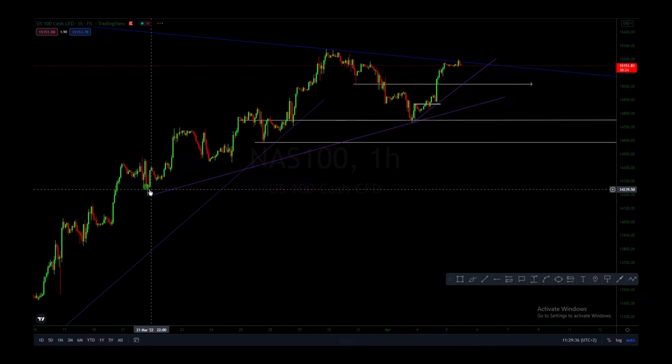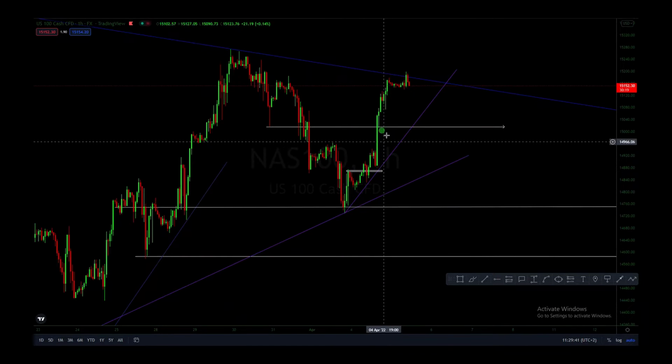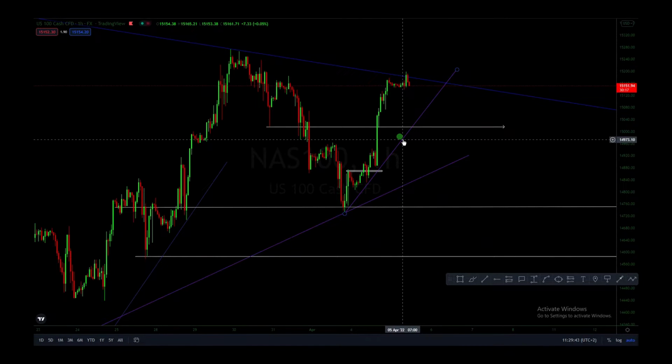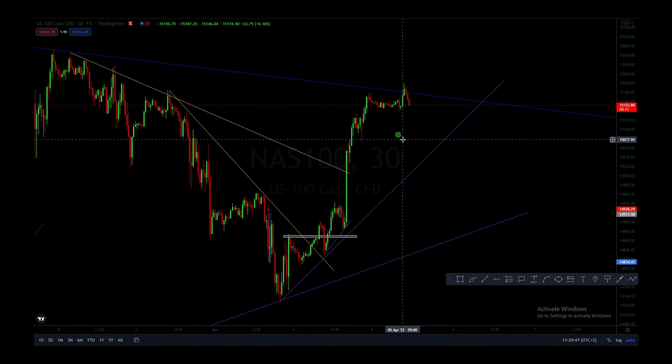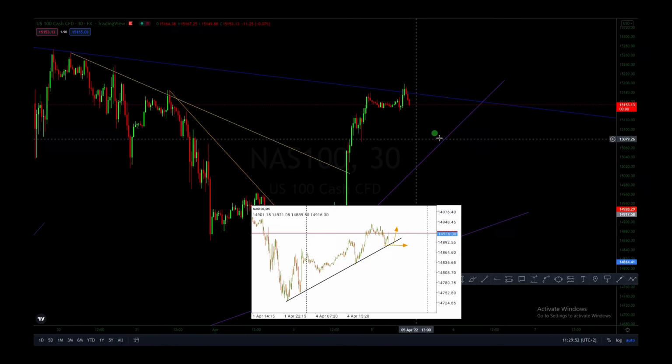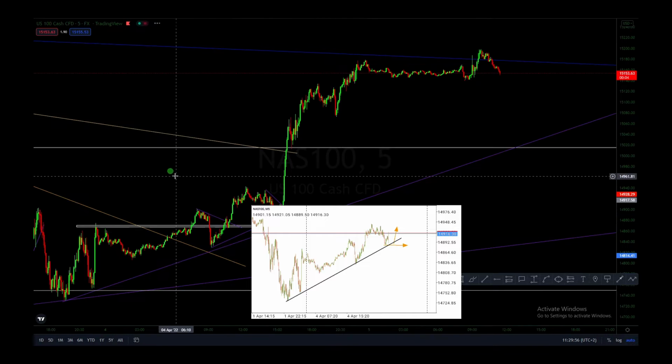So into the 1 hour, I had this trend line, remember, on the H4 going that way. So I created an inner trend line right here. This inner trend line was just there to help me take trades on smaller time frames.